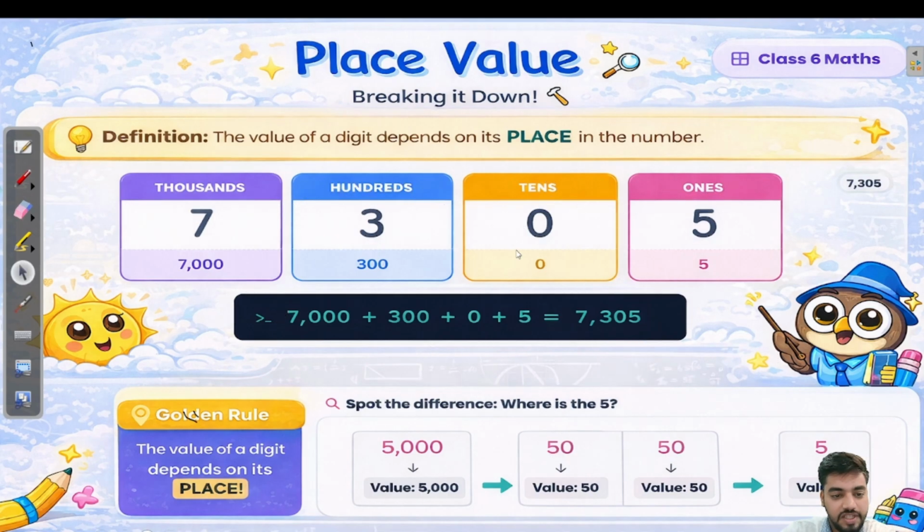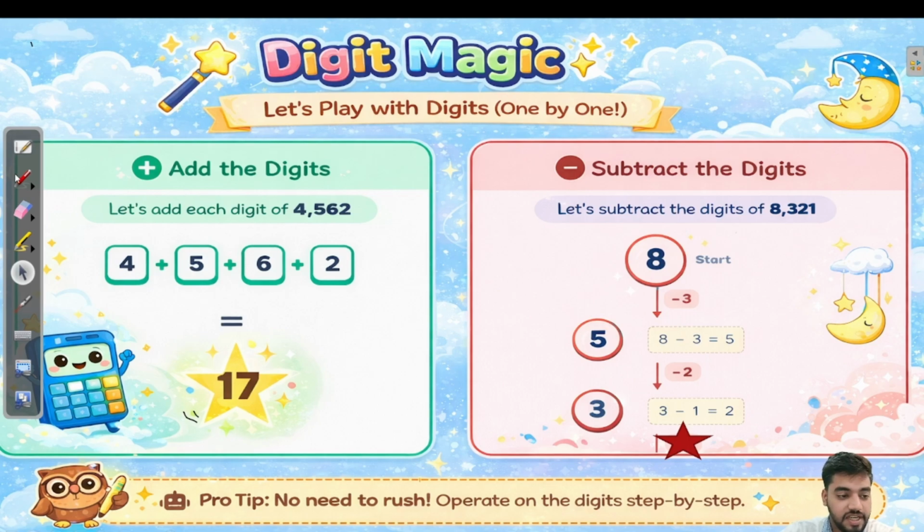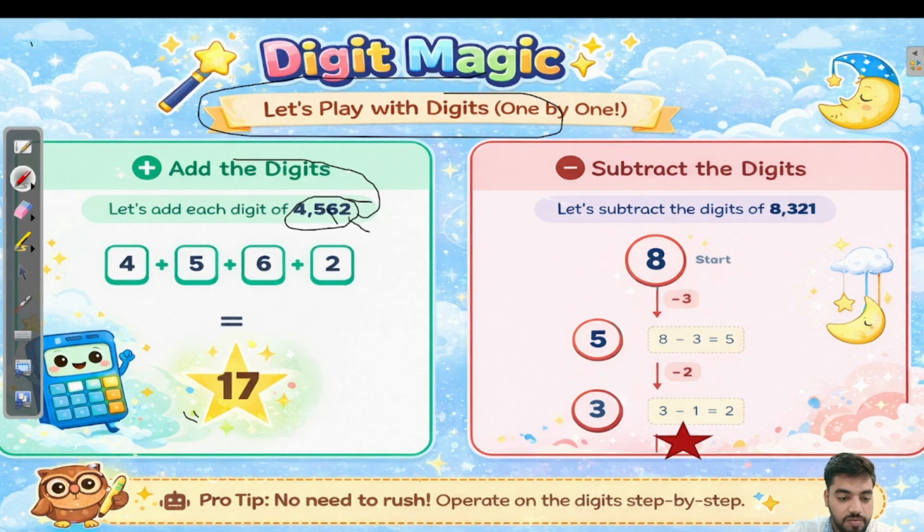The next concept is digit magic. Here we play with digits. Can you see the number 4562? When we add the digits, as I told you about place values, the digits are 4, 5, 6, 2.